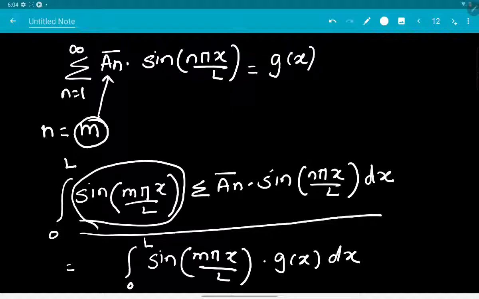Now what is going to happen is that this m is a single value, but n is taking different values from 1 to infinity. At a certain time it will take a value equal to m as well, but otherwise the value of n will be different than the value of m. And you know that integration of sines of two different frequencies gives 0 as the answer.